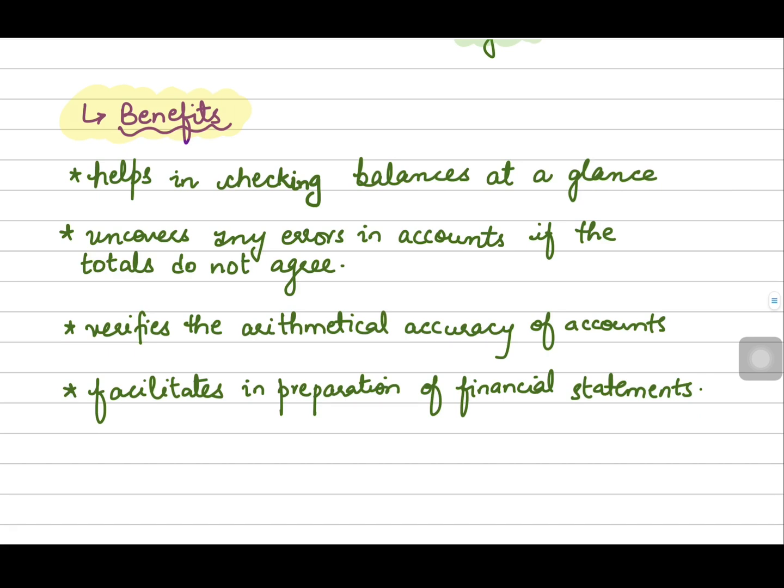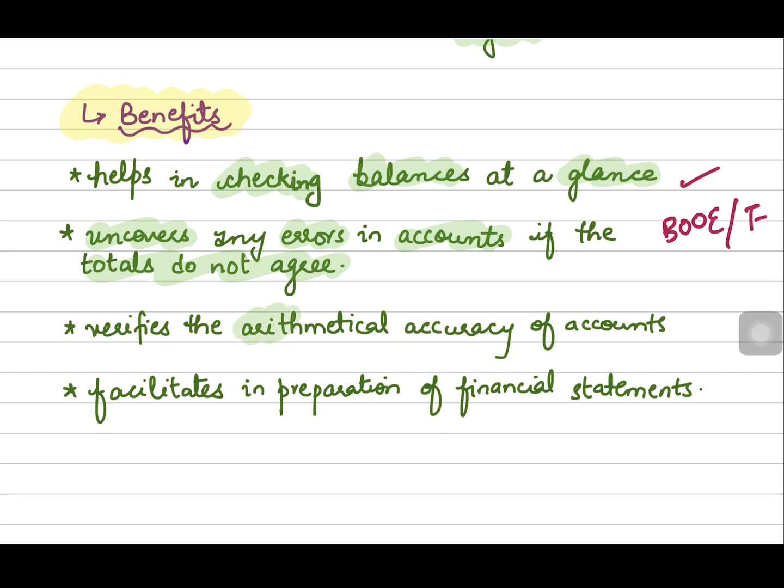For instance, it helps in checking the account balances at a glance. You don't have to go through your books, your ledgers again. You have the balances in the form of a list in your trial balance. Then it uncovers any errors in accounts if the totals do not agree. If your debit side is not matching with the credit side, then you will get to know that there are some errors, and then you will go to your books of original entry or your T accounts to locate those errors and then to correct them.